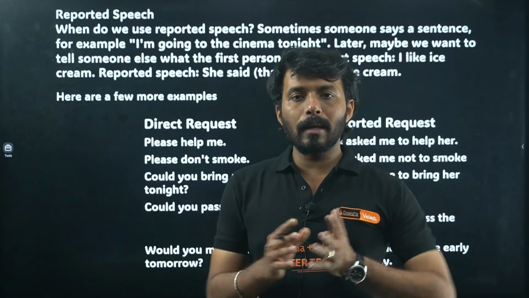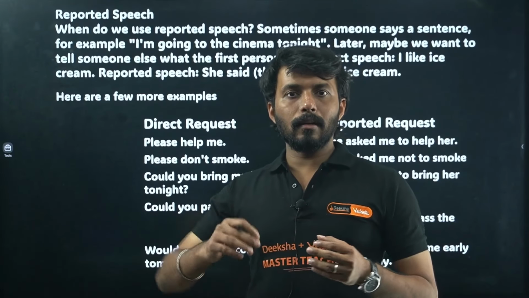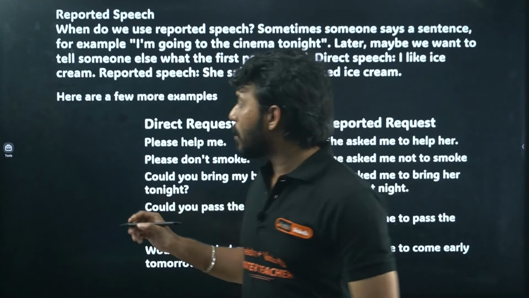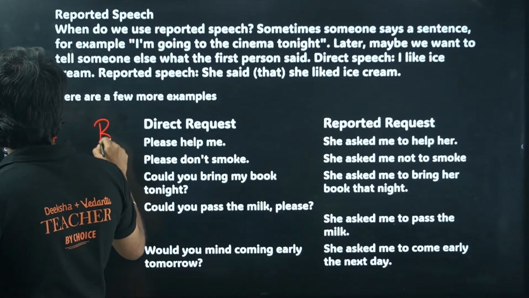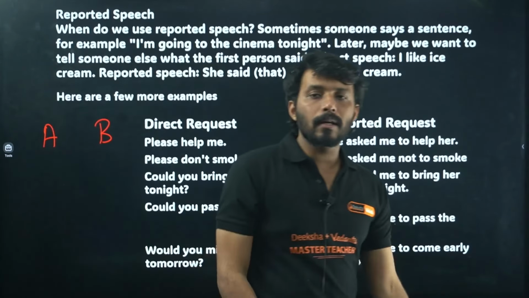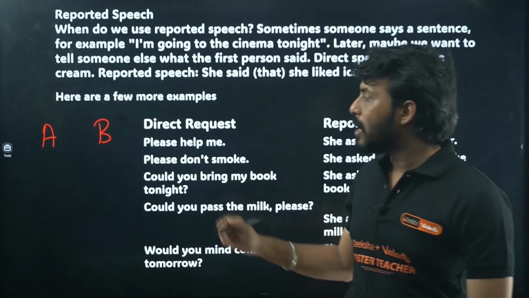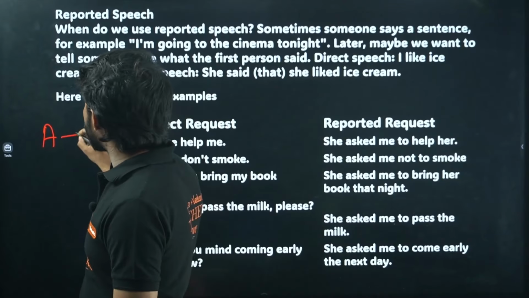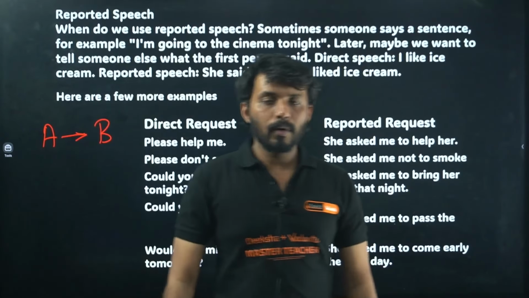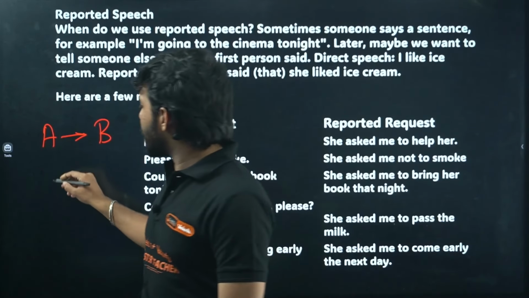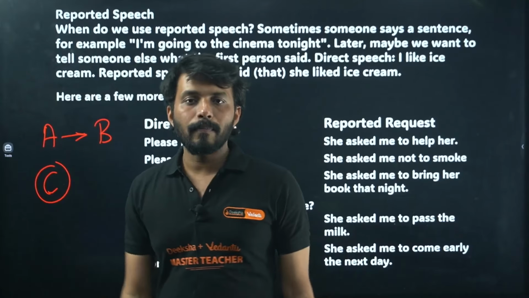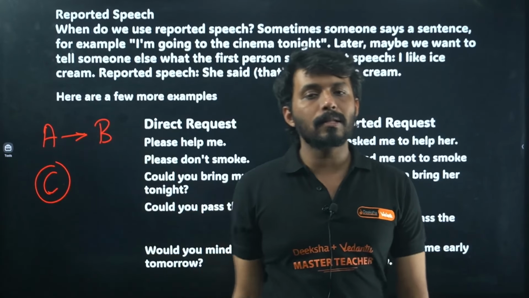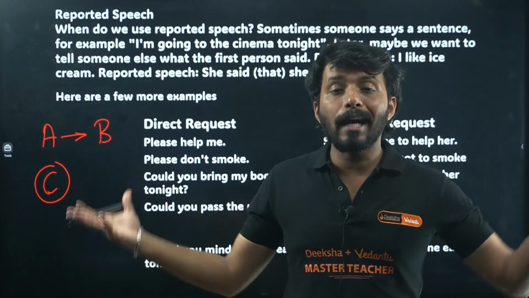Imagine or keep in mind that there is a conversation going on between person A and person B. Person A is saying something to person B. Now there is a person C. Say I am person C. Person A is telling something to person B. I am unaware of it, I did not hear it.